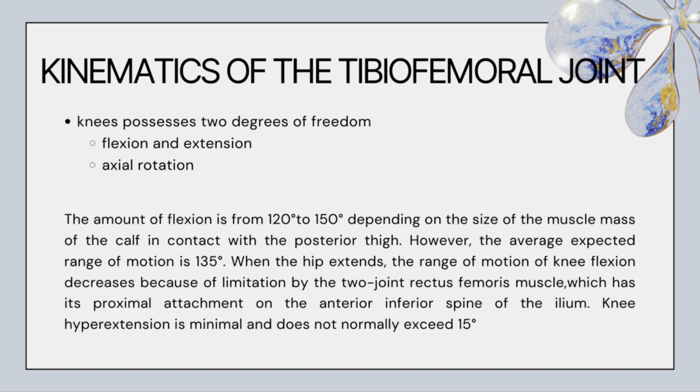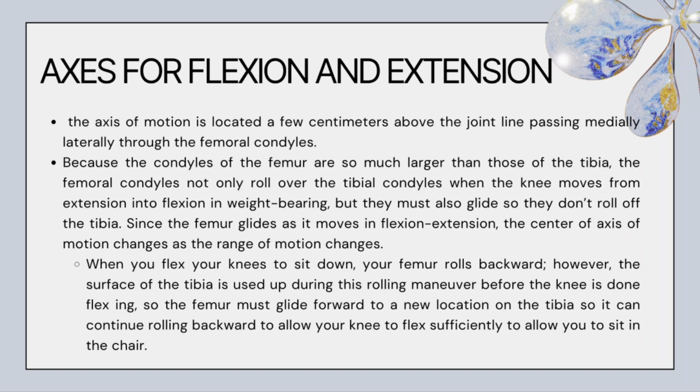Pero kapag nag-hyperextend siya, ang normal na nag-exceed lang is 15 degrees. So, the axis for flexion and extension. Normally, scientifically speaking, the axis of motion is located a few centimeters above the joint line, passing medially, laterally through the femoral condyles.